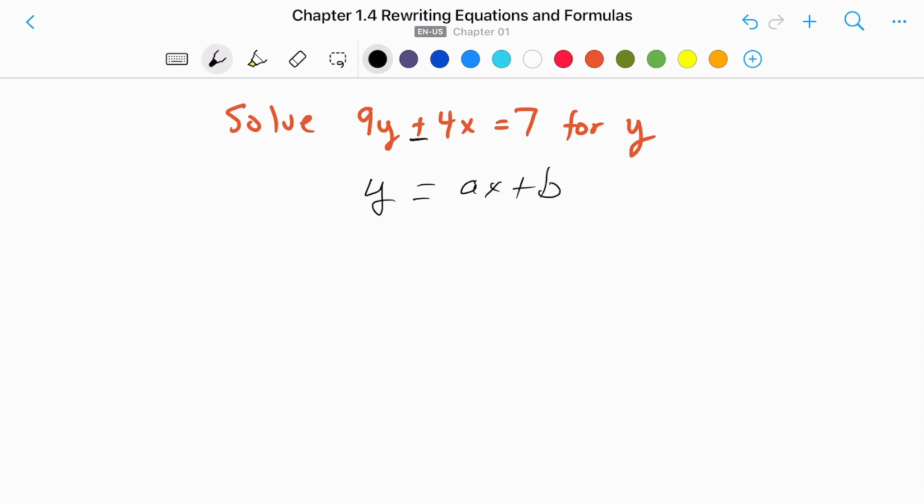That's the way it would be written. Y equals something. We're going to solve for y.